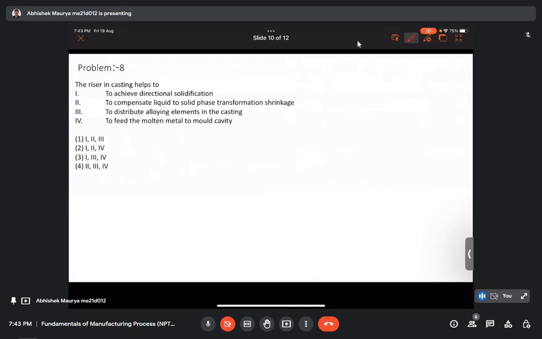This question is about the riser. So please read it and try to find out which are the correct statements, and you can give your response in the polling section.